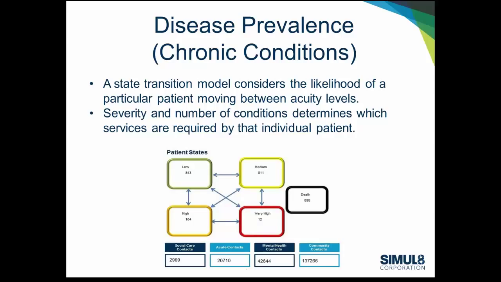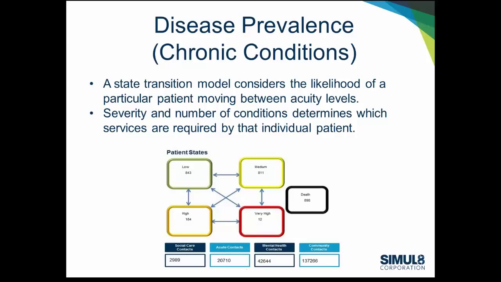There's been some work we've been involved with in the UK, very specifically looking at that transition rate, and also at all of the services that people access when they're in a particular state, as you can see in this model, what the costs and volumes might be, and how you might be able to change that by proactively managing those individual patients. But it's the same concept.